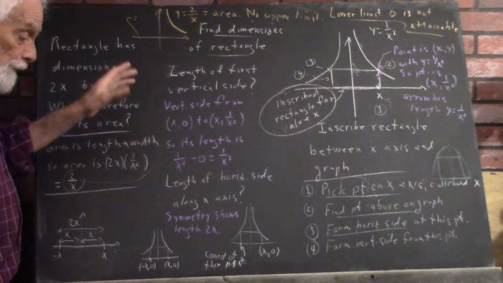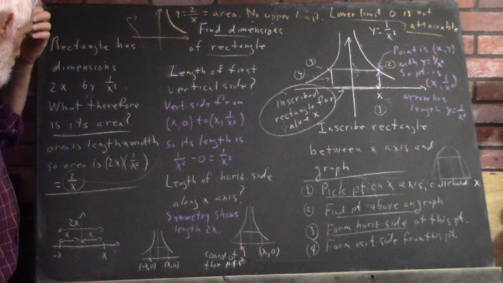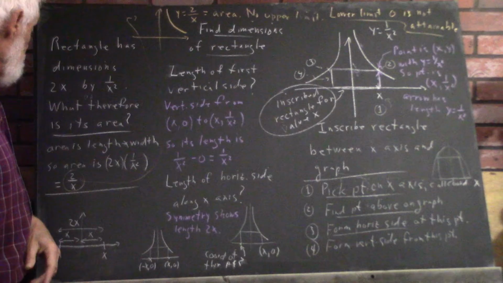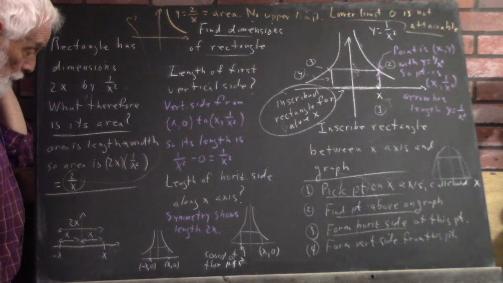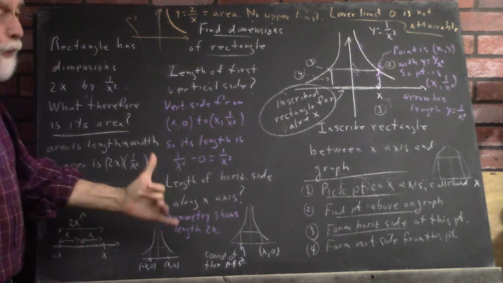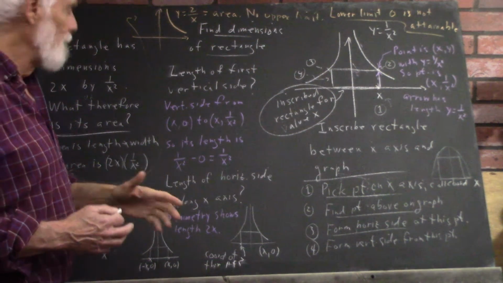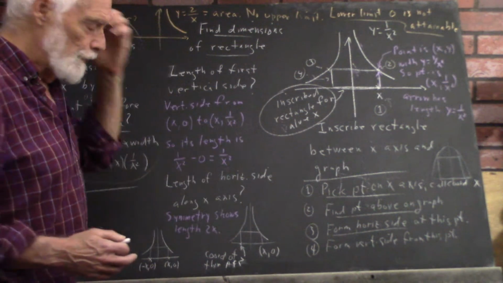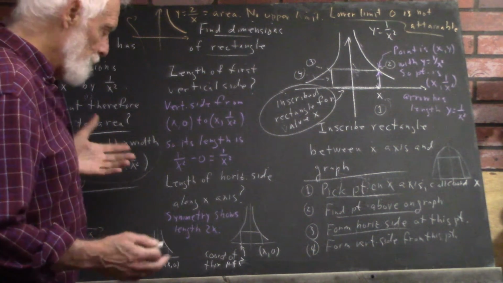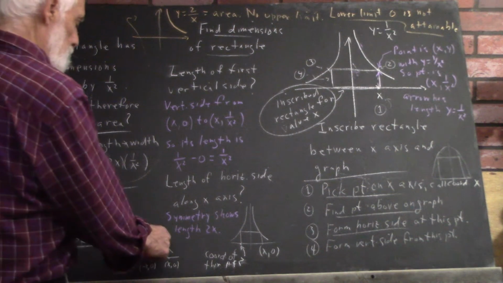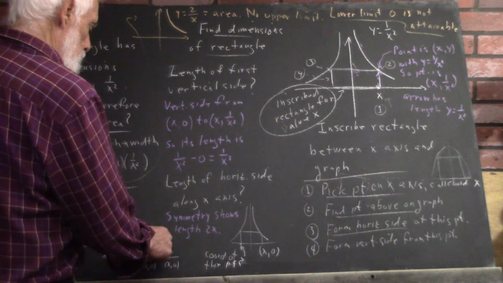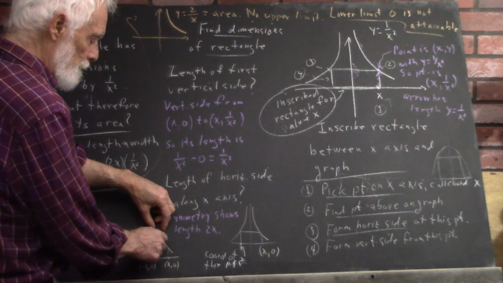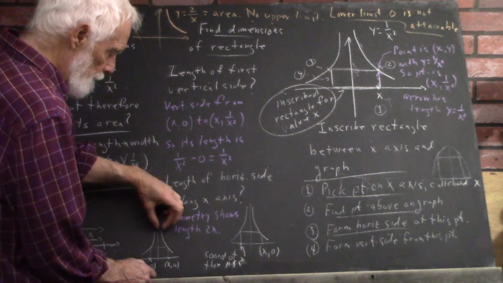Now, people actually had some hesitation on this. It took people a while to get this. Pretty quickly though, we got something about length times width, and that's right. Now, it's questionable which is the length and which is the width, but it doesn't matter. It's the length of one side times the length of one of the sides that's perpendicular to it. If you used an x value closer to 0, you'd have a rectangle that's longer this way than it is this way.